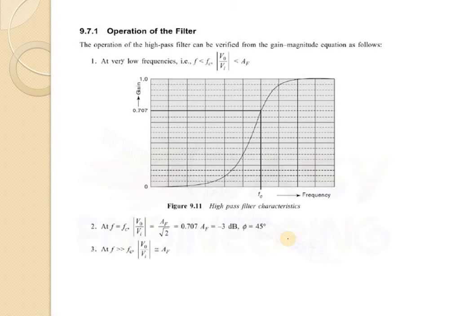So these are the things we have got from the operation of the high pass filter. This is the practical characteristics of high pass filter, where the frequency is lowered stepwise.